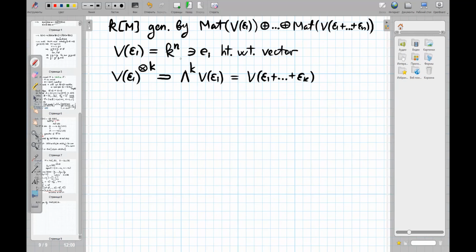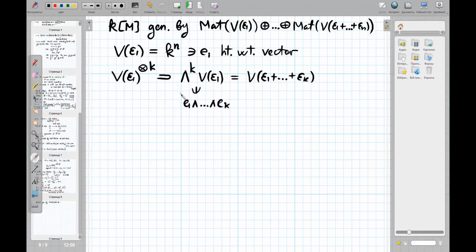The kth wedge power of K to the n is exactly the space of skew symmetric tensors of degree k on the standard vector space, and it is irreducible with highest weight vector given by the wedge product of the first k basis vectors. This wedge product will be, again, B semi-invariant, and its highest weight will be exactly this weight.